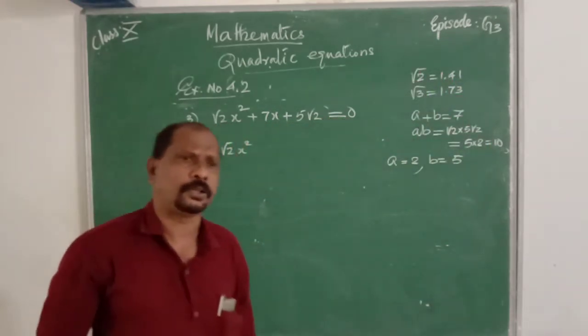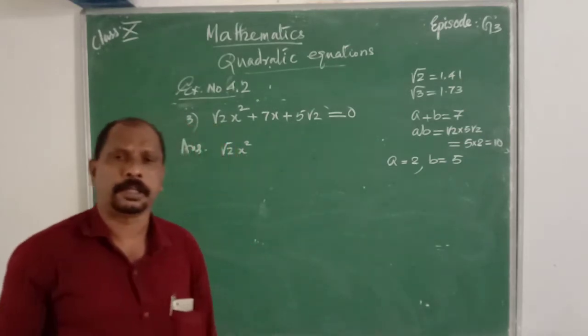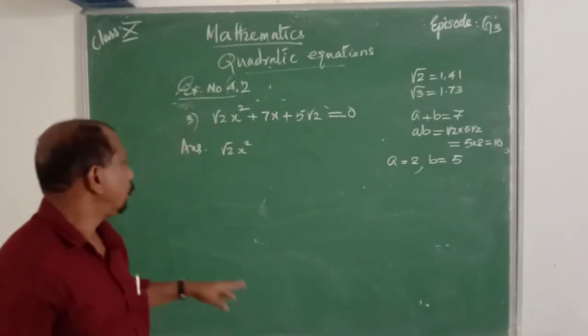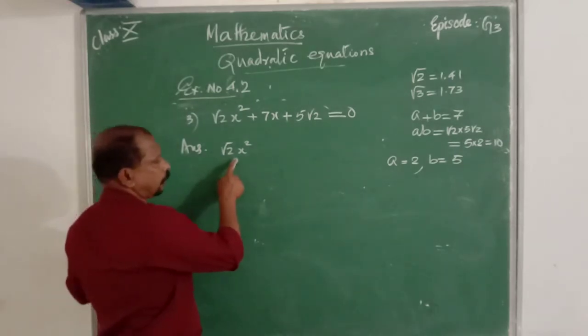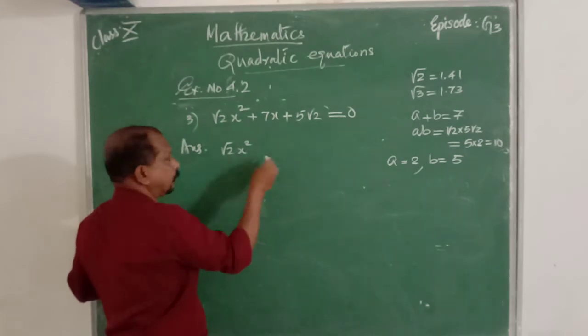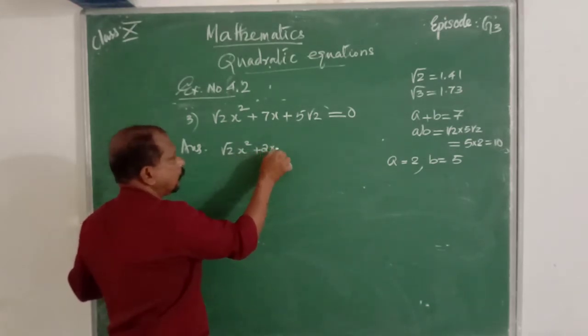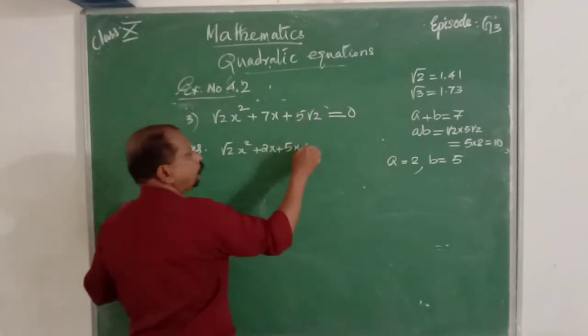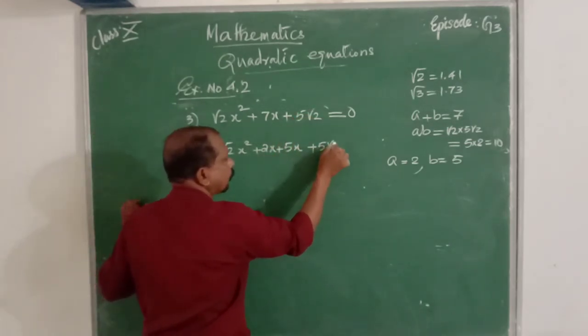Root 4 is not an irrational number. It is a rational number because root 4 is 2 or minus 2. Then in root 2 x square, 7x is replaced by 2x plus 5x, plus 5 root 2.